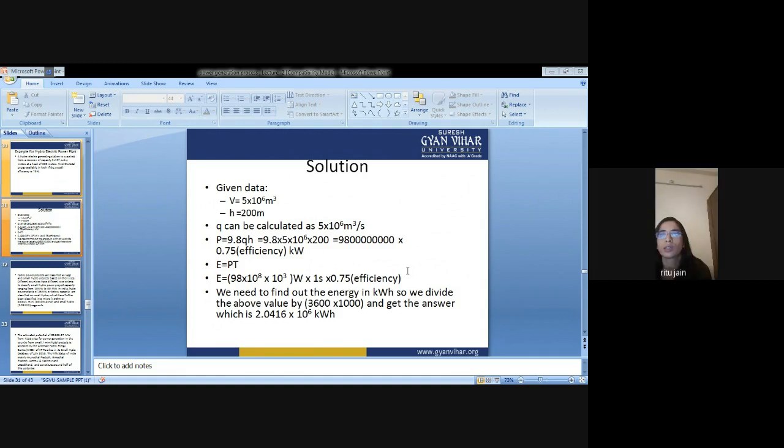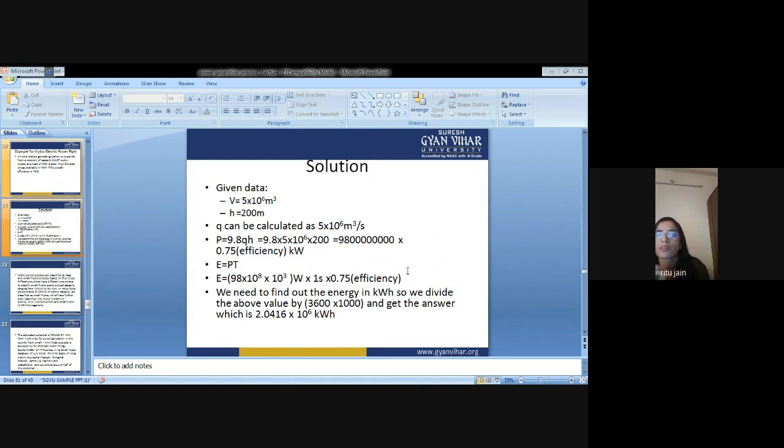So Q is equal to 5 into 10 to the power 6 meter cube per second and H is equal to 200. So it becomes 98 into 10 to the power 8. If we multiply this by efficiency, you can easily get the energy.